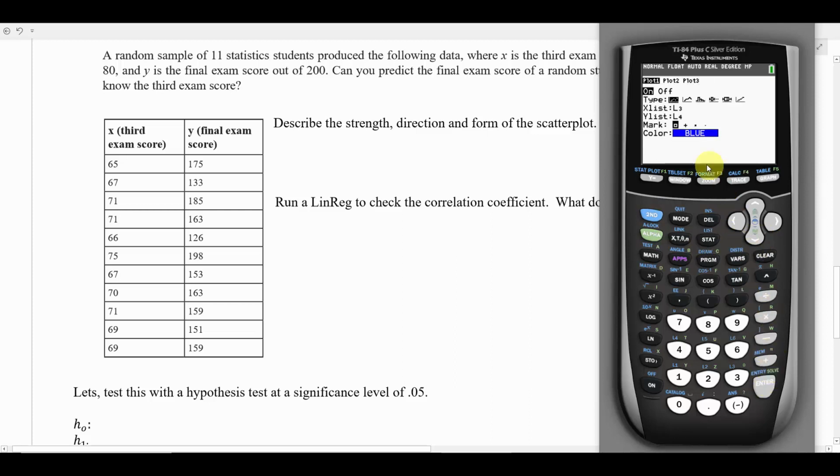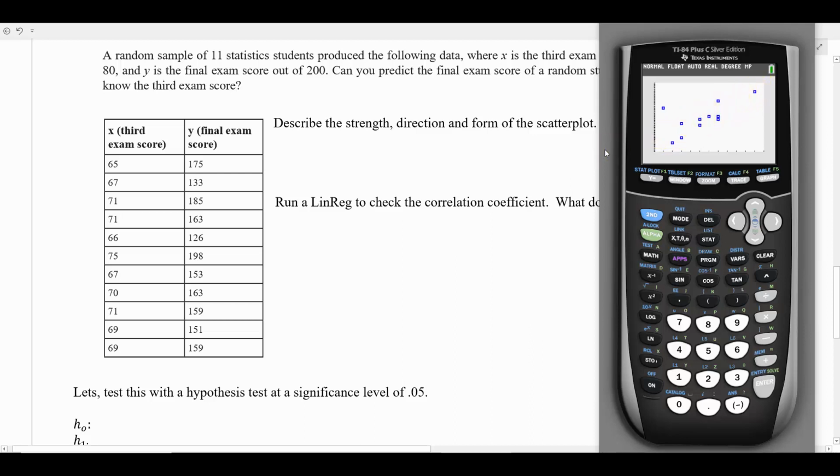Okay, and I'm going to do a zoom with option 9. And okay, so there we go. It looks like we have a pretty good linear correlation going on. I can visualize where that line of best fit is going to go, about right here, with maybe one outlier kind of far away from the line, but most of these points are going to be centered around the line.